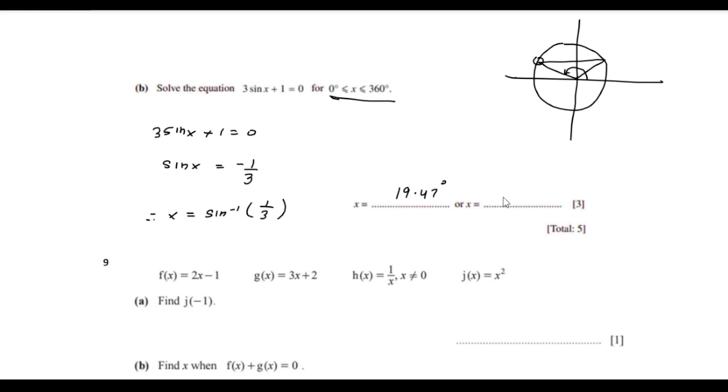So 180 minus 19.47, I get the answer as 160.53.